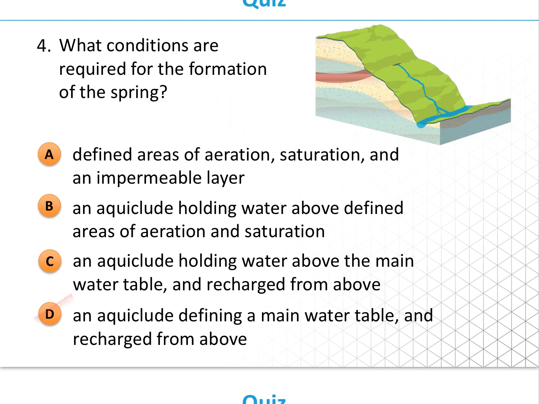An aquiclude holding water above defined areas of aeration and saturation. Ooh, that one sounds better than the last one. And then defined area of aeration, saturation, and impermeable layer. That's not really helping me to understand the formation of the spring. So overall, I'm going to go with B.